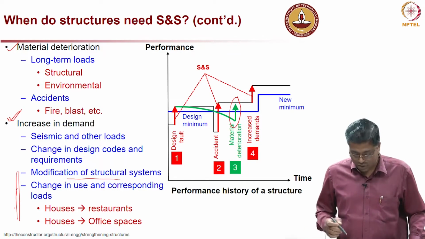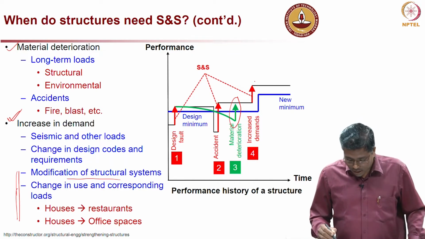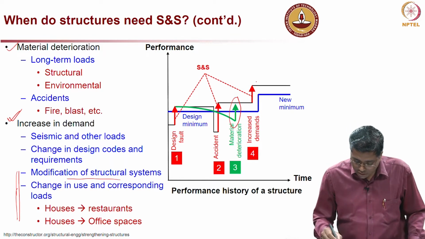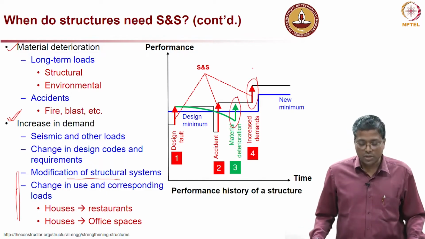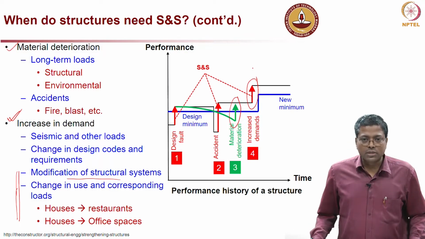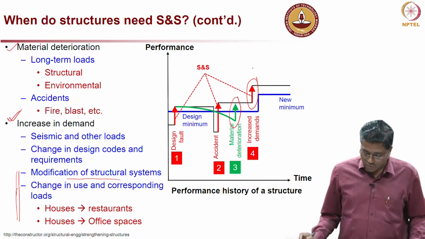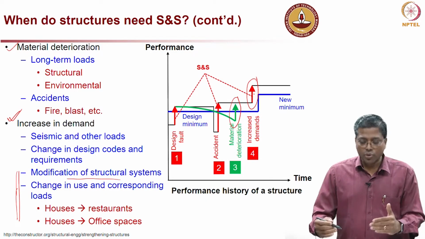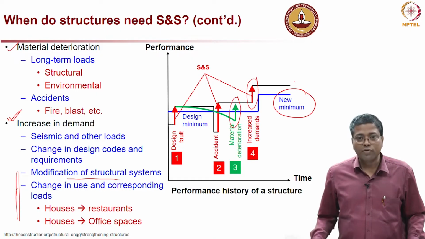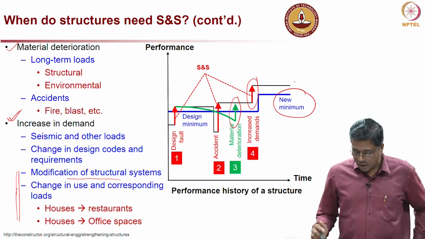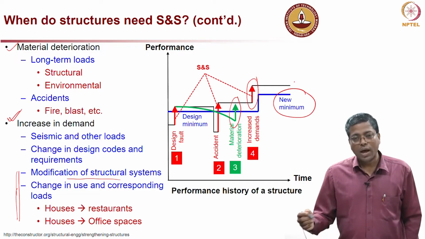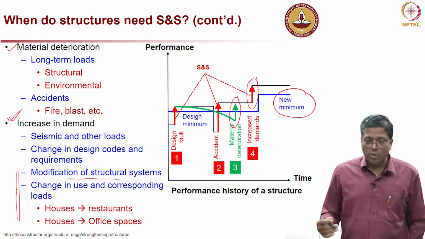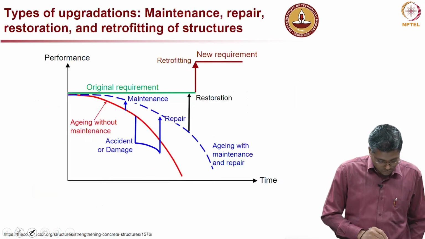And in such cases also we go for something called retrofitting, which I will cover later, what is the difference in these terminologies. But that is the fourth arrow which you see on the right end. So, again you have a new minimum performance criteria, and so you have to maintain the structure at a performance level which is more than the new minimum.